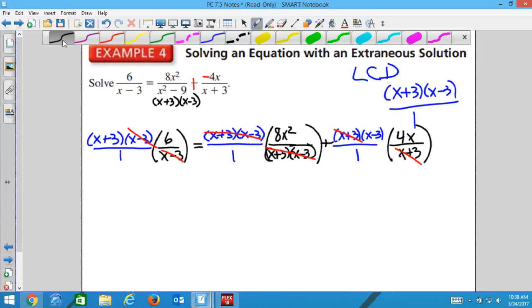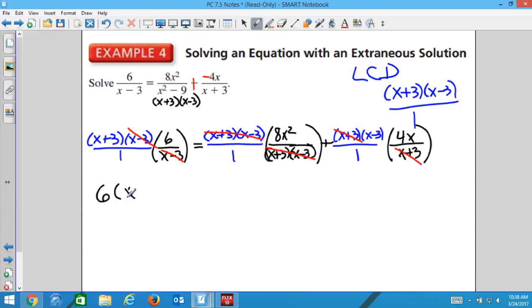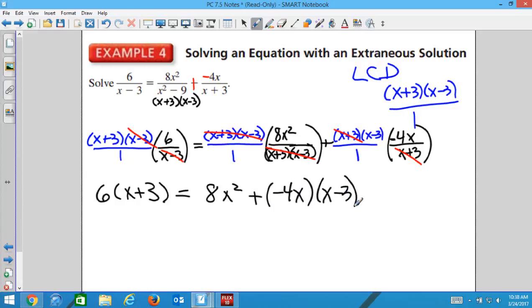So after I cancel, I have 6 times x plus 3 equals 8x squared plus, oh, I forgot my negative sign. Negative 4x times x minus 3.